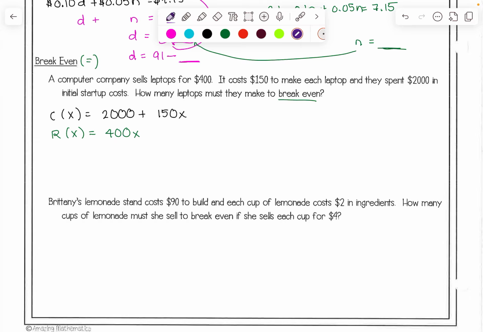So we're going to take 400x, set that equal to 2,000 plus 150x, and solve for x. Subtract 150x from both sides. You get 250x is equal to 2,000. Divide both sides by 250, and x is equal to 8 laptops.